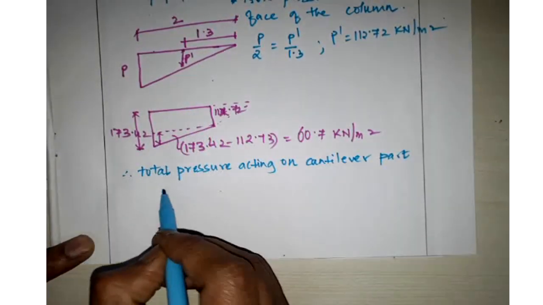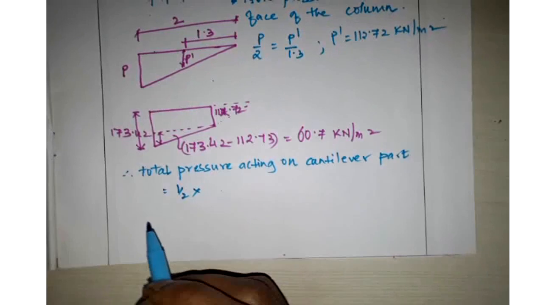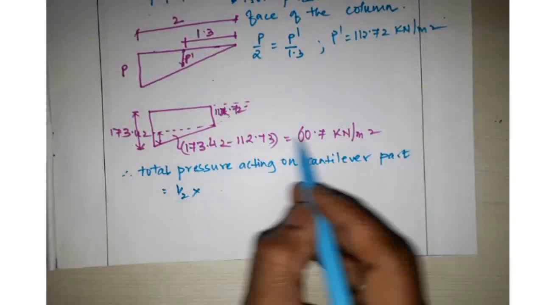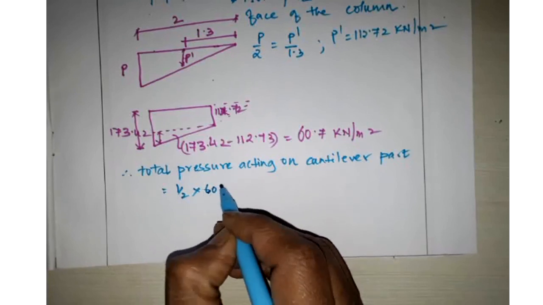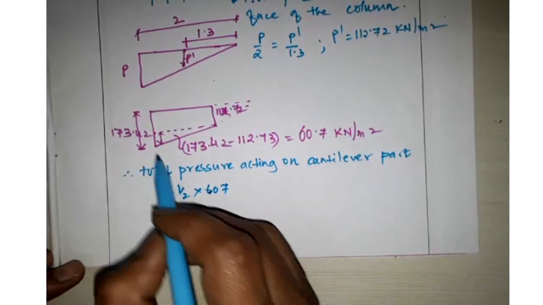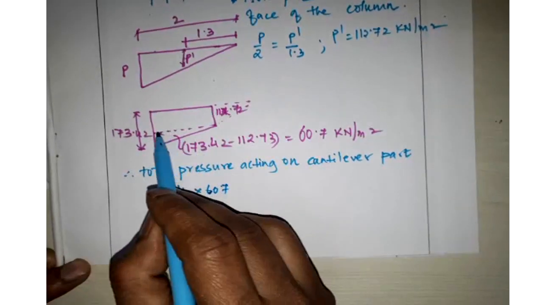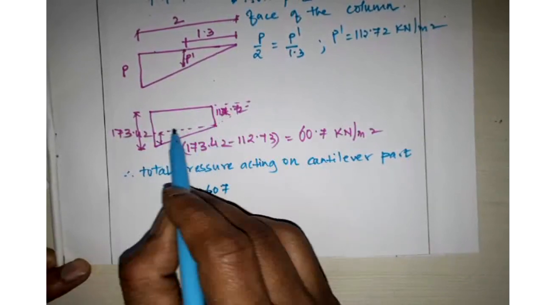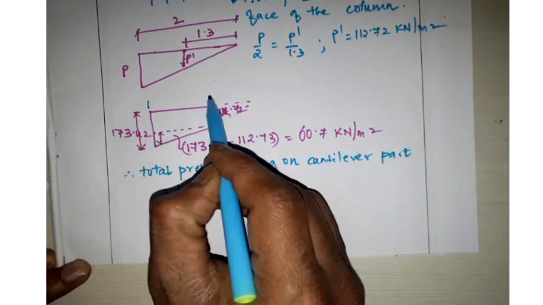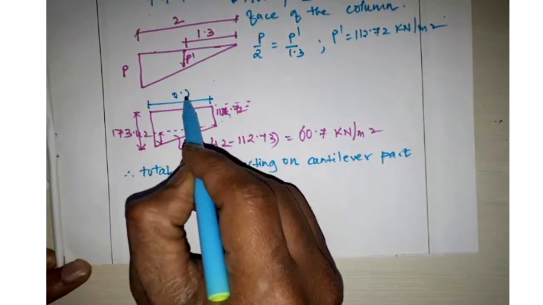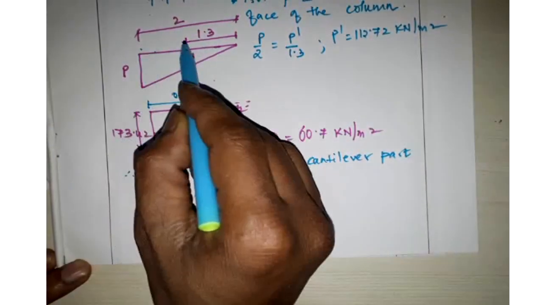So I'll write here half base is 60.7 into height. This is 0.7 because the cantilever part is 0.7. This is 0.7. 1.3, 0.7. This is 0.7.